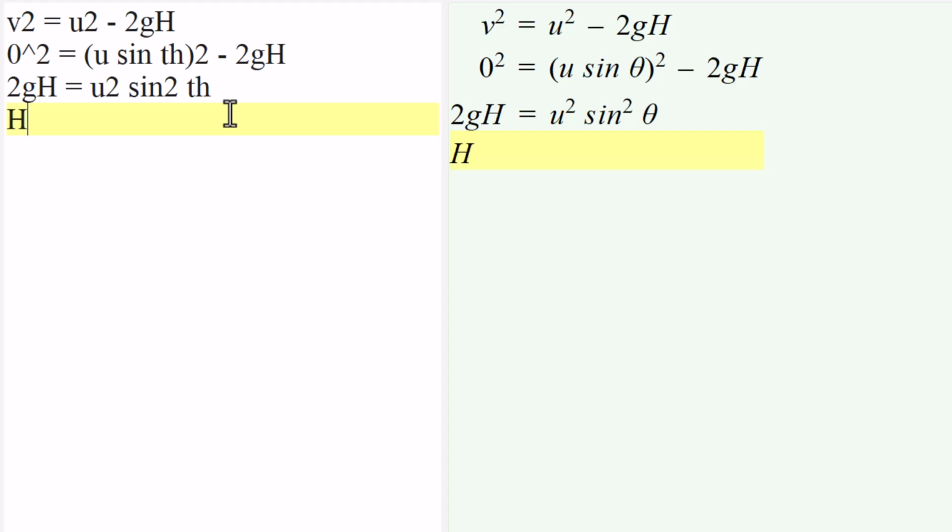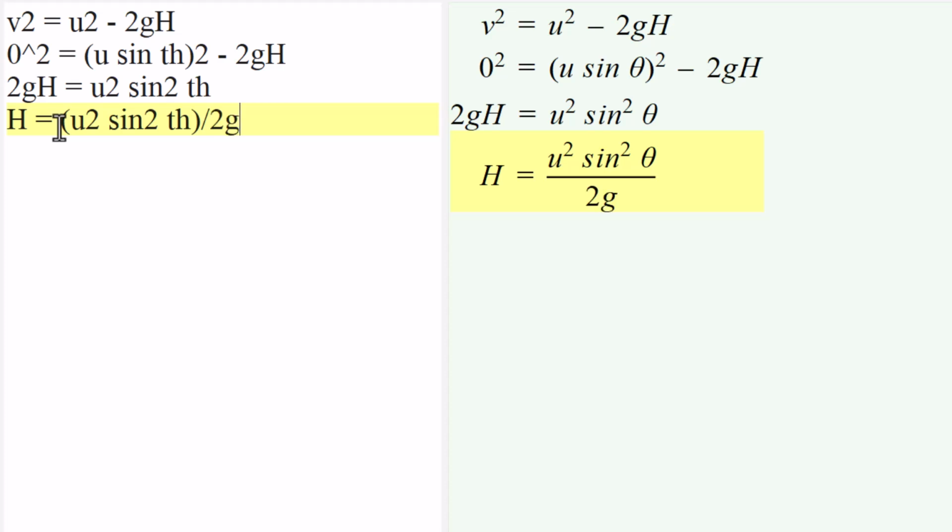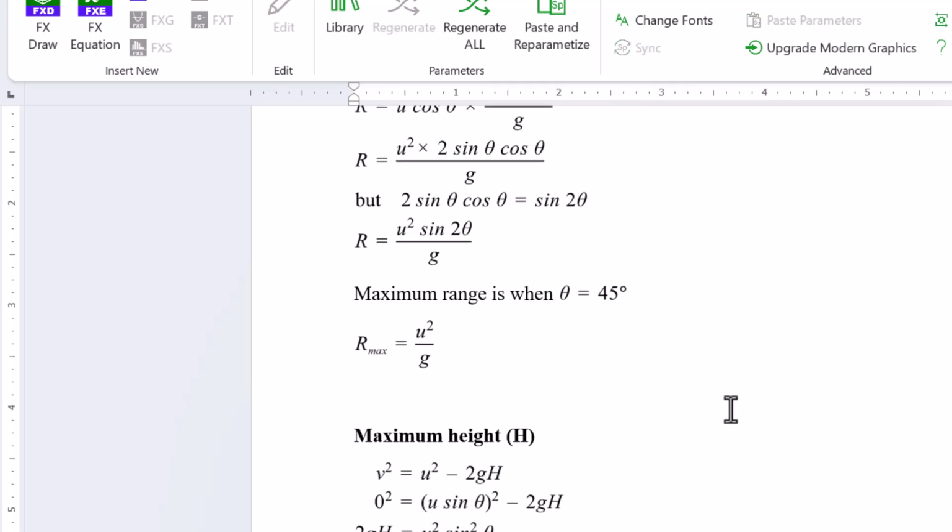You are going to have capital H equals u squared sine squared theta, put in bracket as well, divided by 2g.